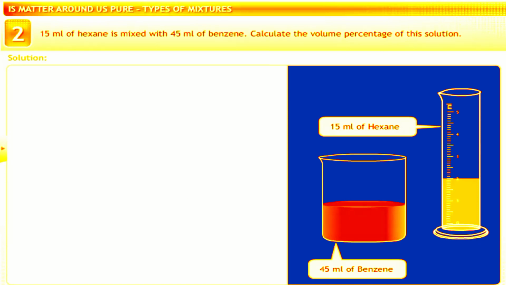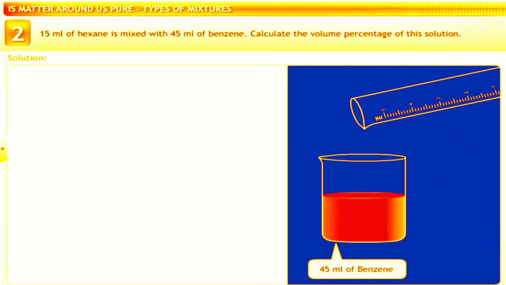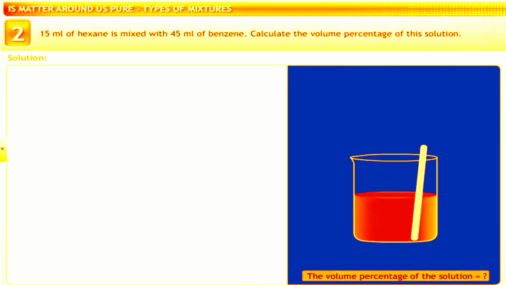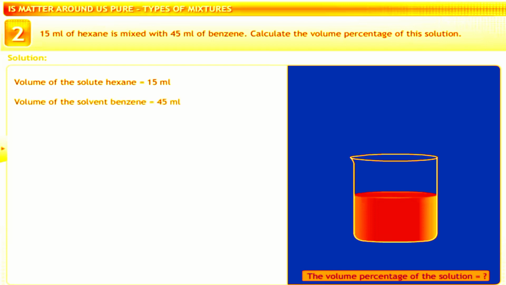Let's try out another example. 15 milliliters of hexane is mixed with 45 milliliters of benzene. You want to calculate the volume percentage of the solution. In this problem, the volume of the solute, hexane, is 15 milliliters, and the volume of the solvent, benzene, is 45 milliliters.